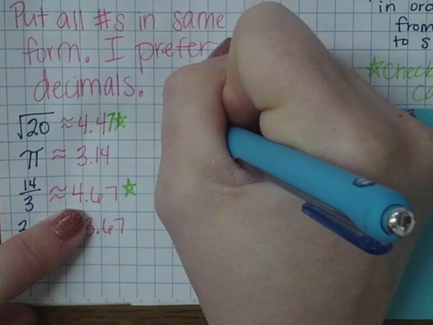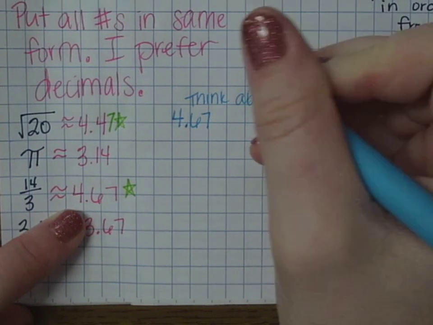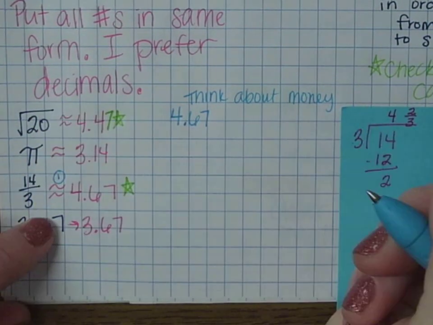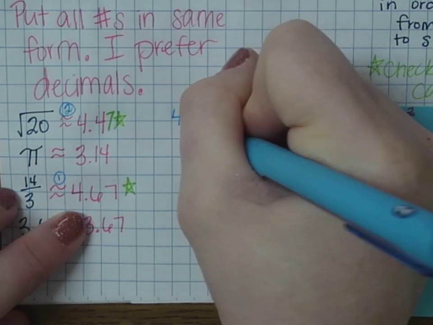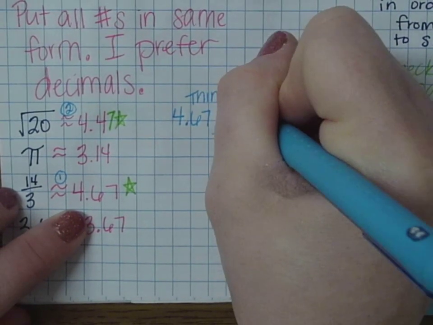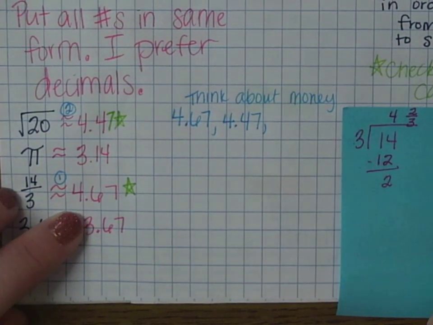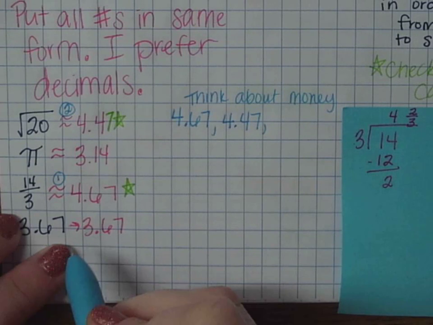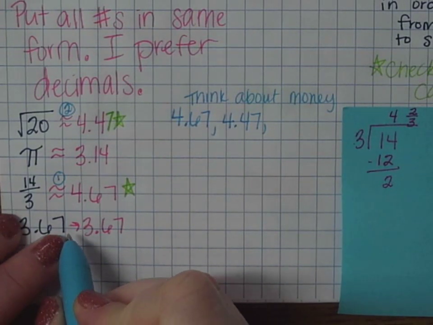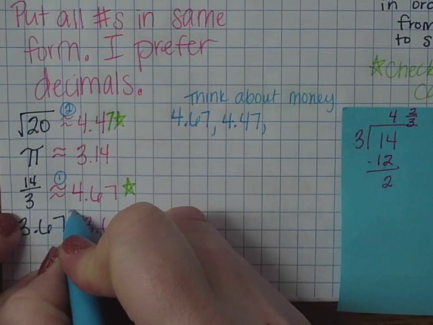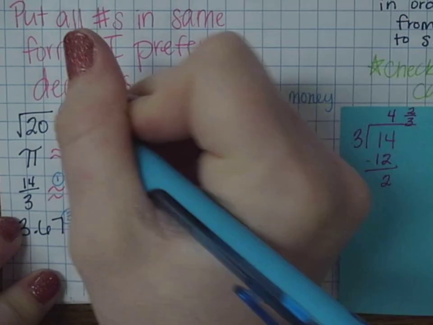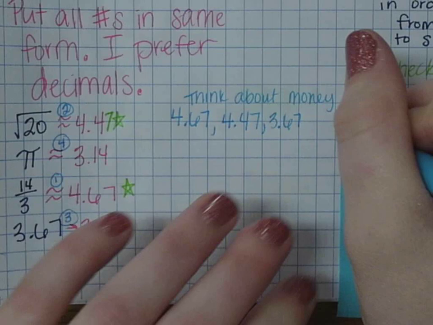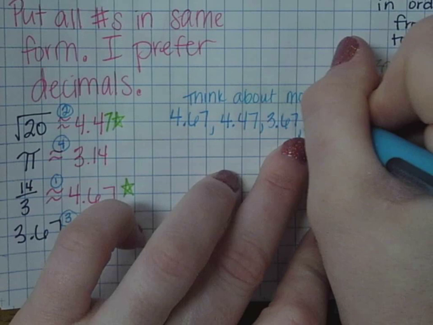So 4.67 would be first. Then it would be 4.47. And then the next largest would be 3.67. And then the fourth would be 3.14.